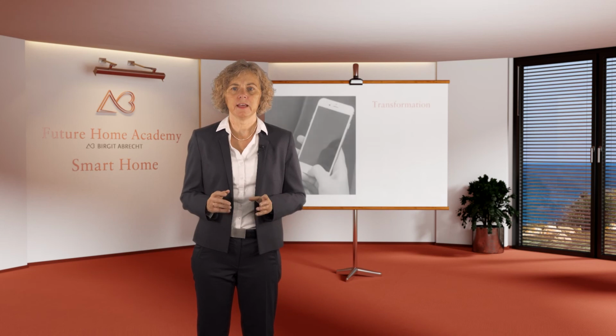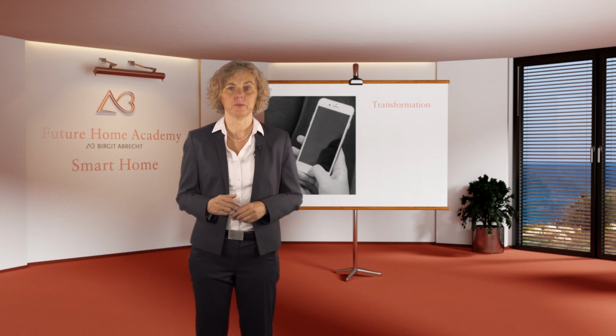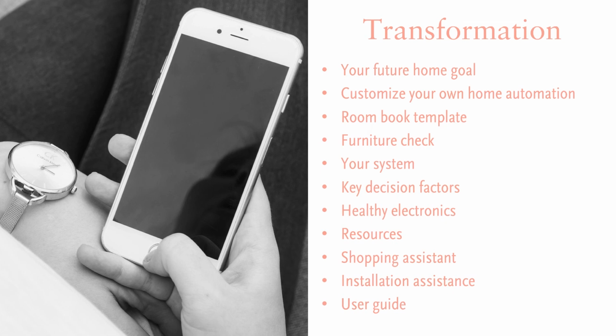As we now arrived at the end of our 3rd video, here's a short review of what we have covered in this last step of our smart home program. We were talking about how you can implement the basics and the details into your own smart home blueprint. With several checklists, you were able to find out your personal goal in order to customize the system to your wishes and lifestyle.